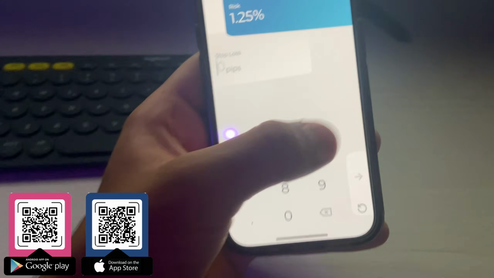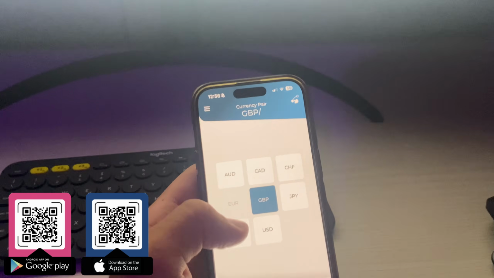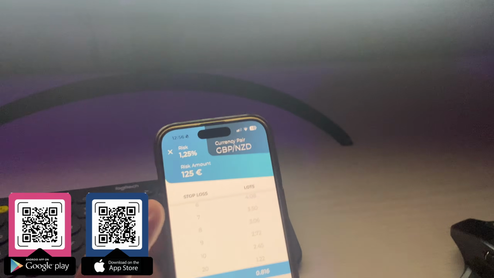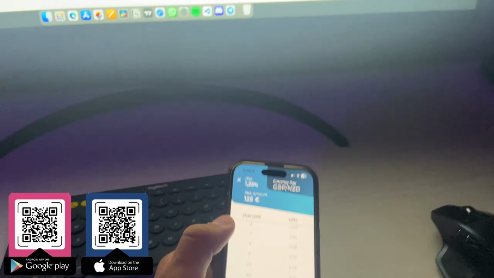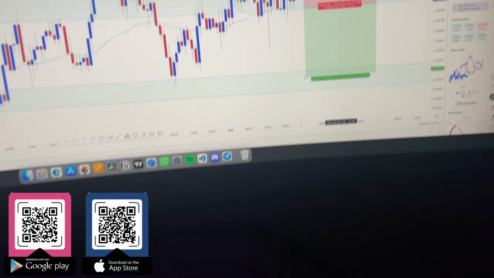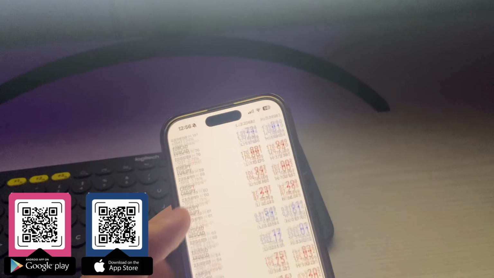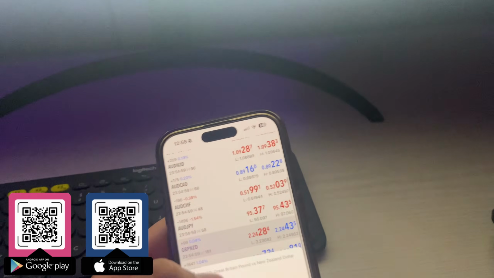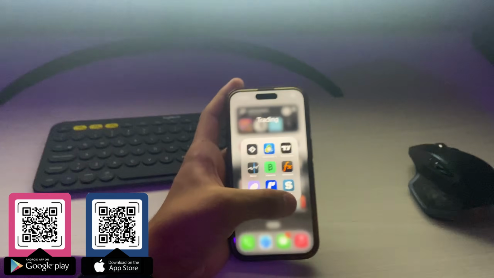The stop loss, as I said, it will be 30 pips. Just look how fast it is. GBP NZD, calculate. So my position size will be 0.8 lots. So once I calculate it, I go to my MT5, search for GBP NZD, which is here, go to trade, put my position size to take this trade.